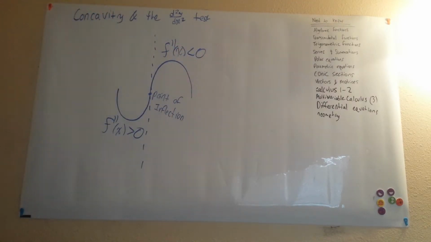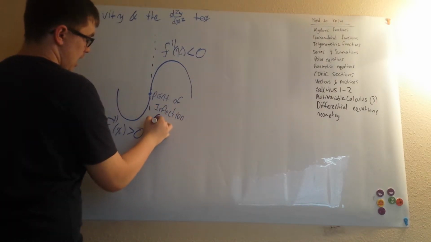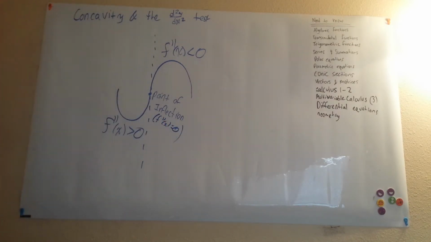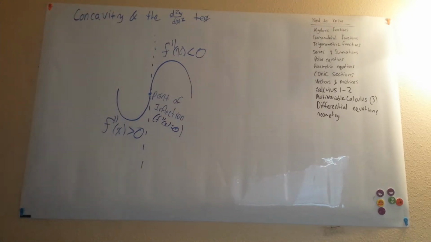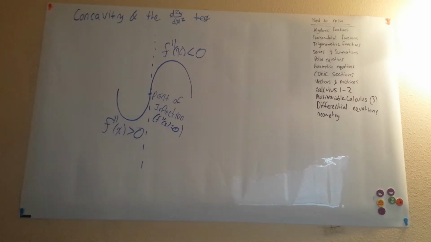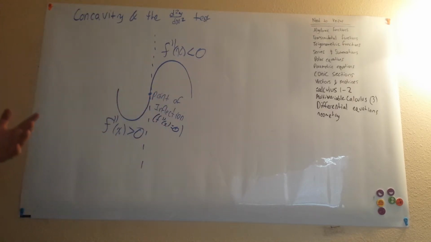So over here, f double prime of x equals 0. That's what the point of inflection is. If you have a point of inflection, f double prime of x equals 0. But if f double prime of x equals 0, that doesn't mean you have a point of inflection. You have to test for it.